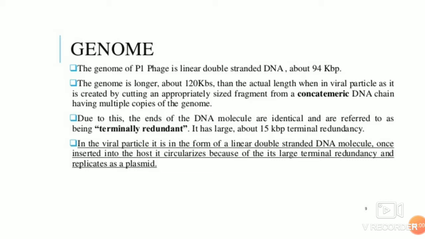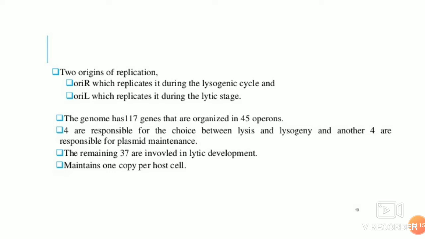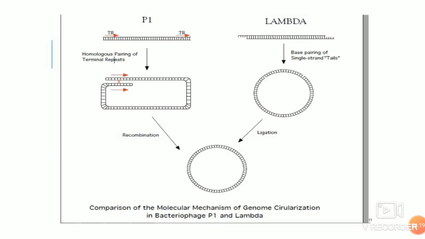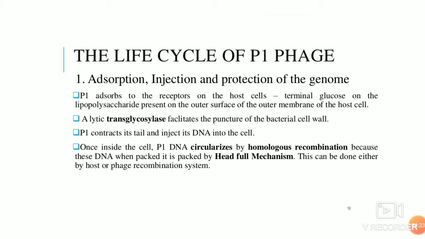When it is packed inside the phage, it is a linear DNA, but when lysogeny is established, it circularizes because of this terminal redundancy and then replicates as a plasmid, that is the prophage. Do you remember the lambda phage, it is a linear DNA.